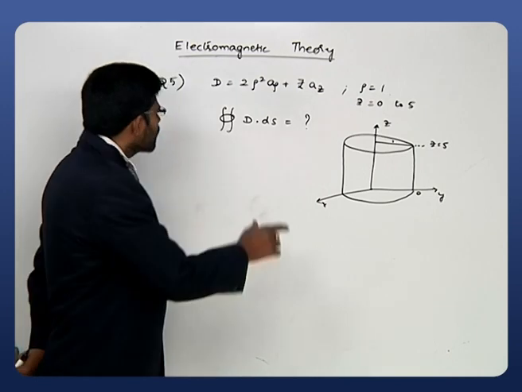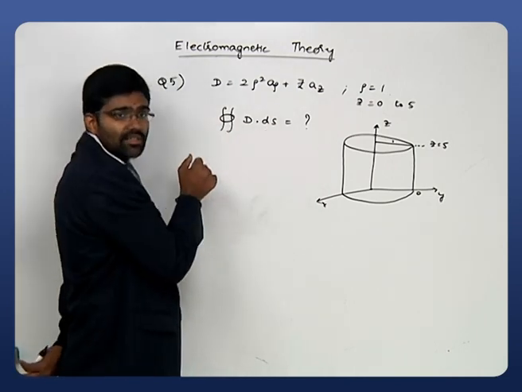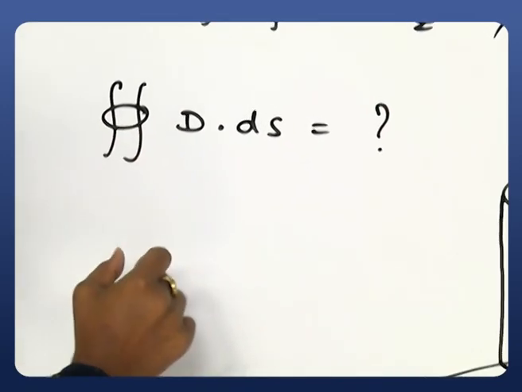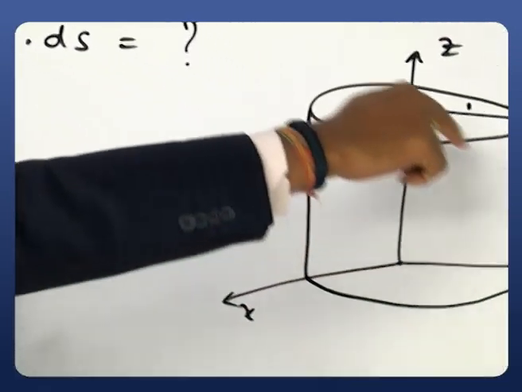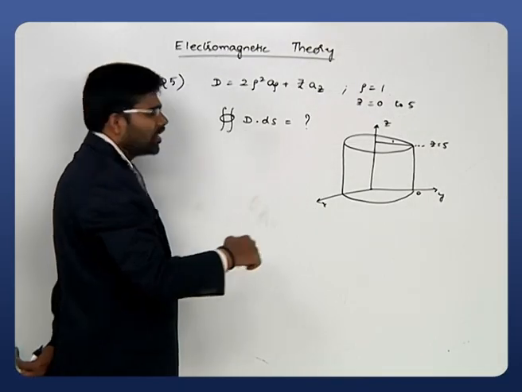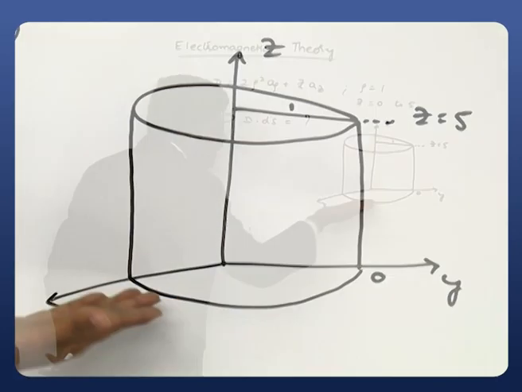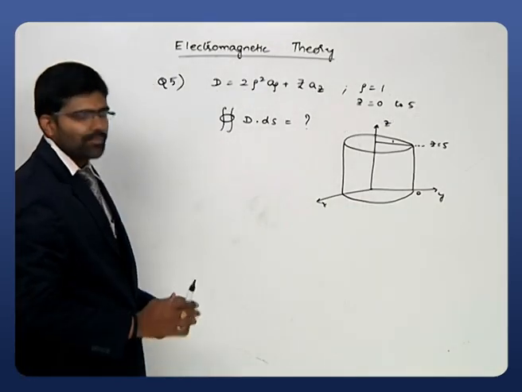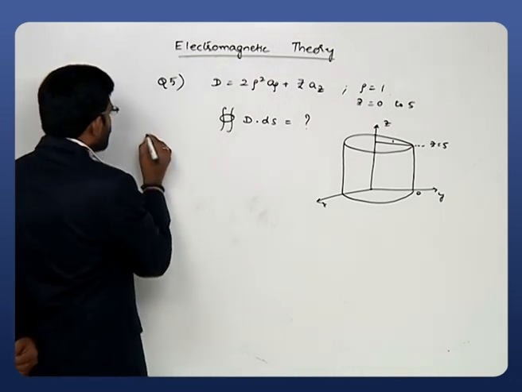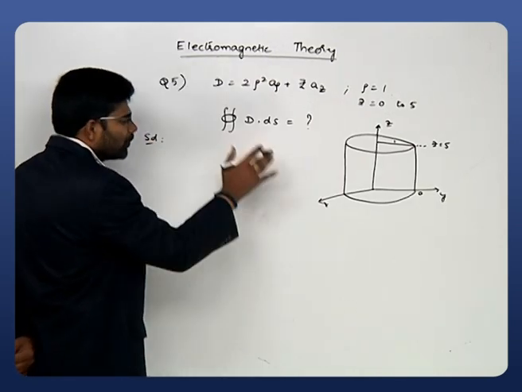So the total surface integral, here it is a closed surface integral, includes the integration of D around the curved surface, integration of D along the top surface and integration of D along the bottom surface. So I will write this as the summation of those three.